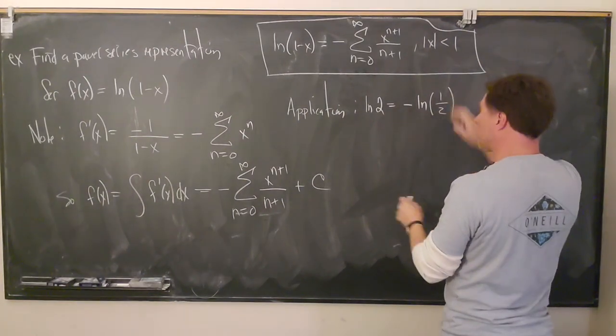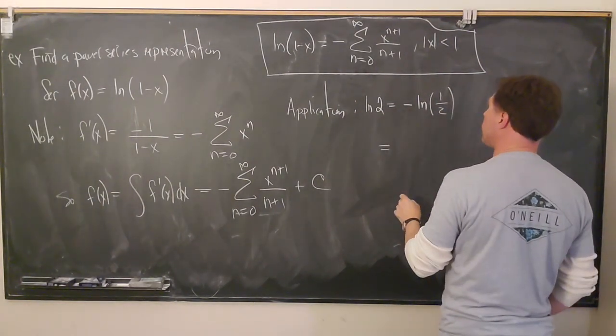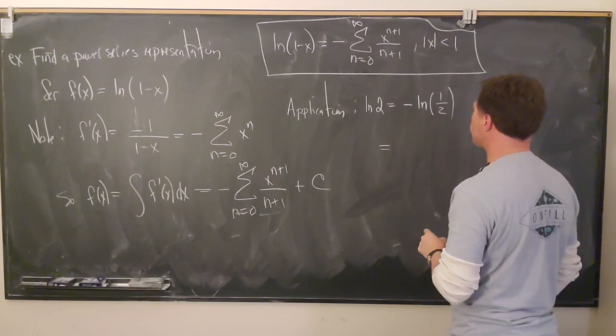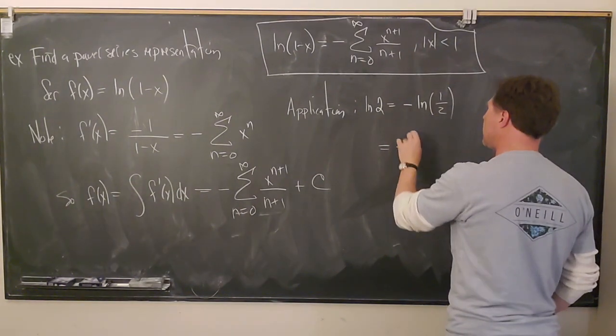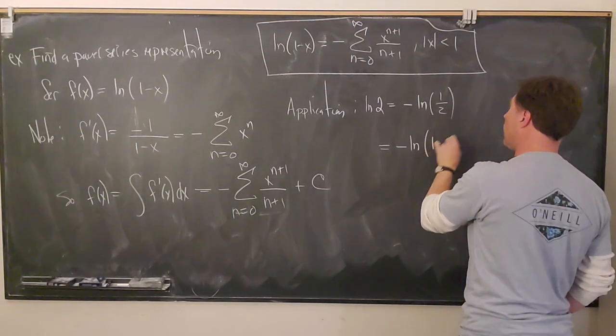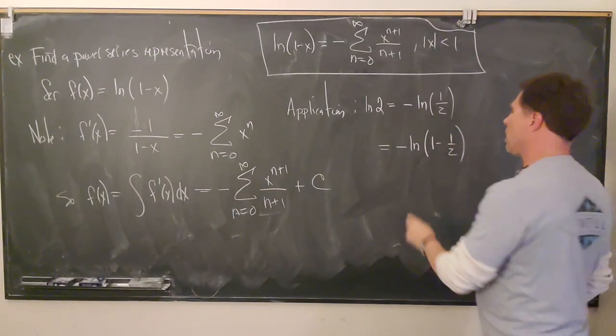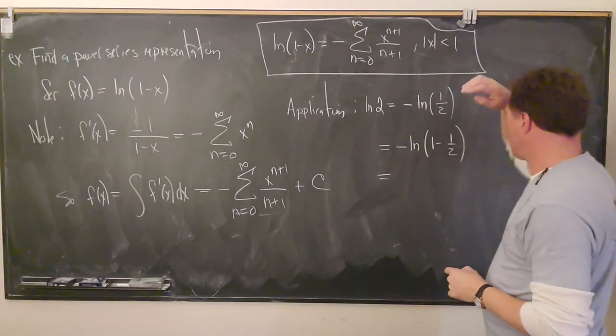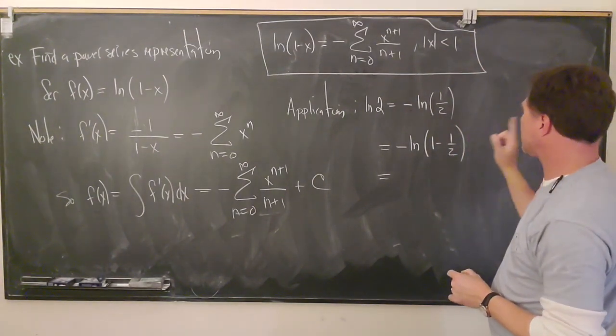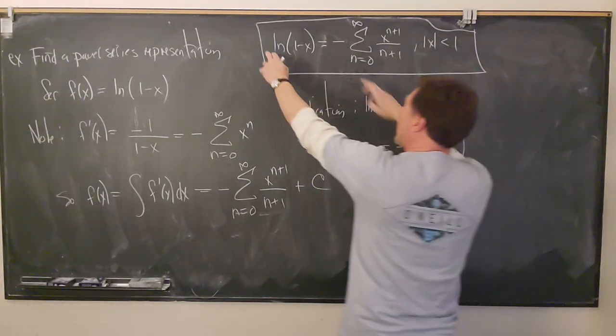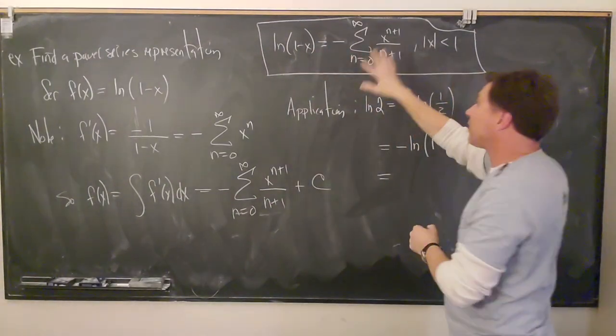I can bring that exponent up here. That's equal to negative natural log of 1 minus 1/2, which is equal to, okay, so what that's saying is if I put a minus sign out in front and substitute a 1/2, then we get equality.